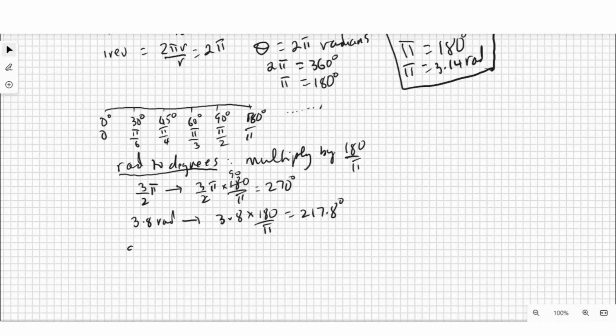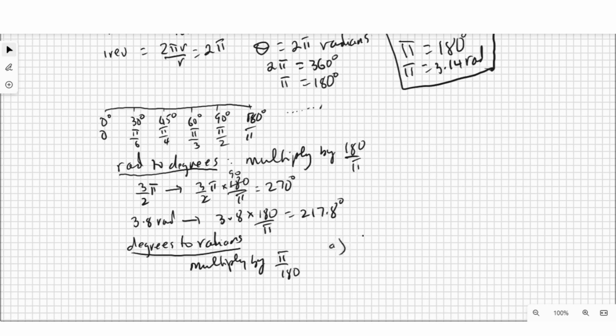Let's say in a similar way, degrees to radians. To convert degrees to radians, we do the opposite. Multiply by pi over 180.